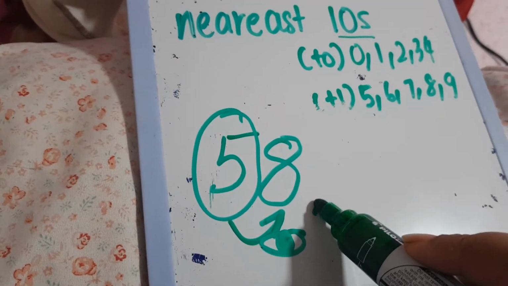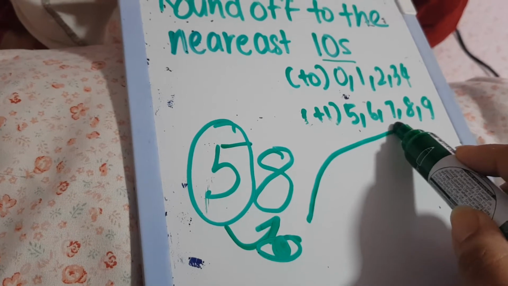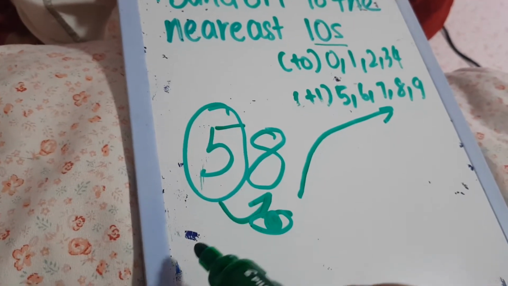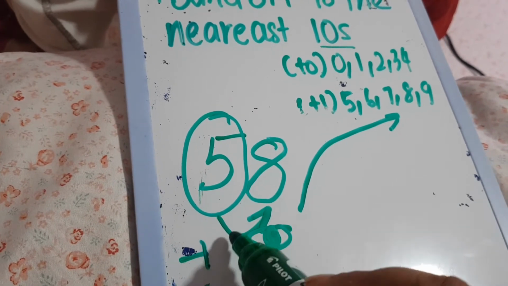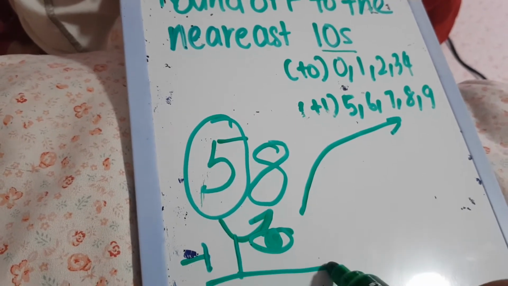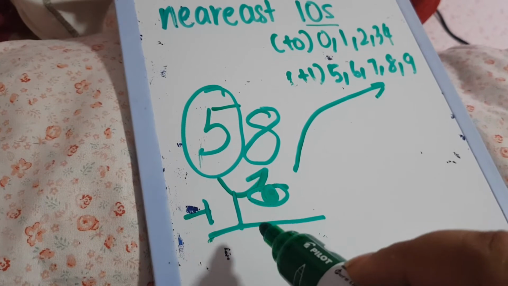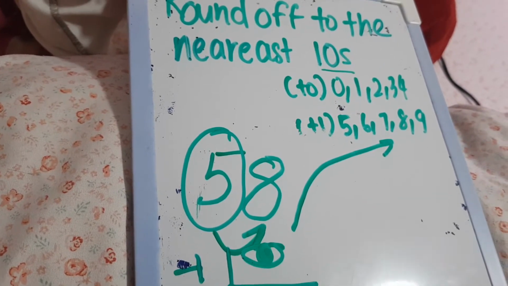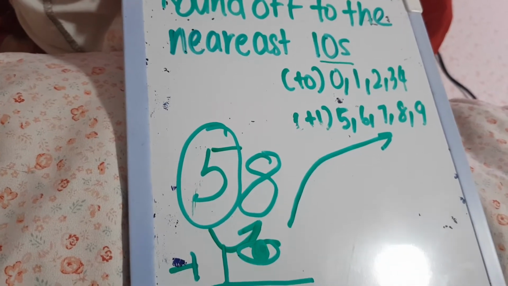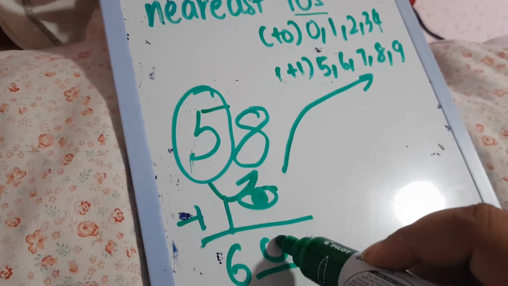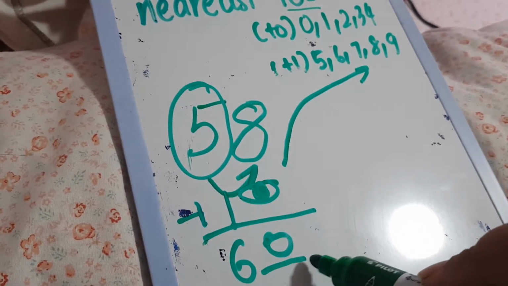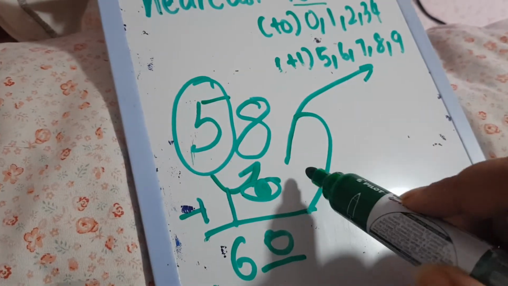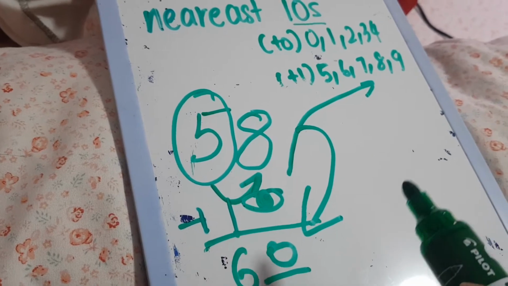Okay, so see, 8 is plus 1, so we will add plus 1 to the tens place. 5 plus 1 is 6, and everything behind will become blind. Close eyes. So we have rounded 58 up to 60.